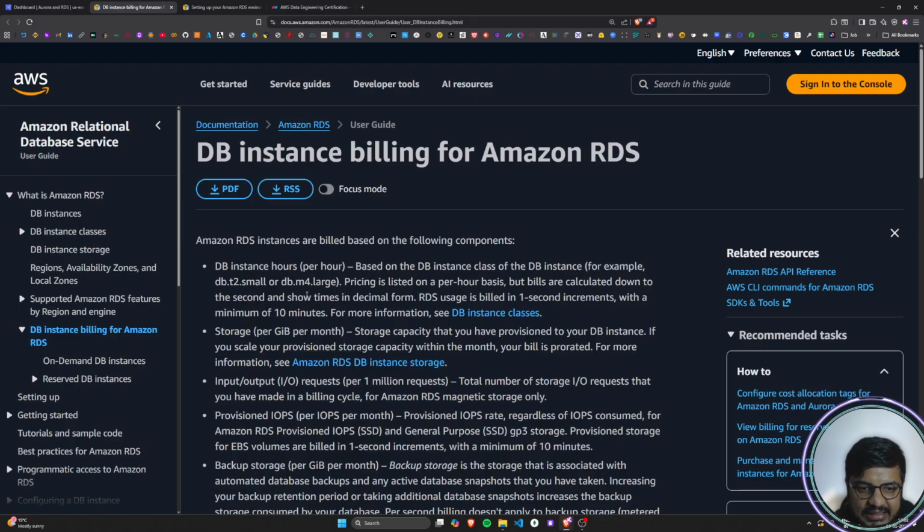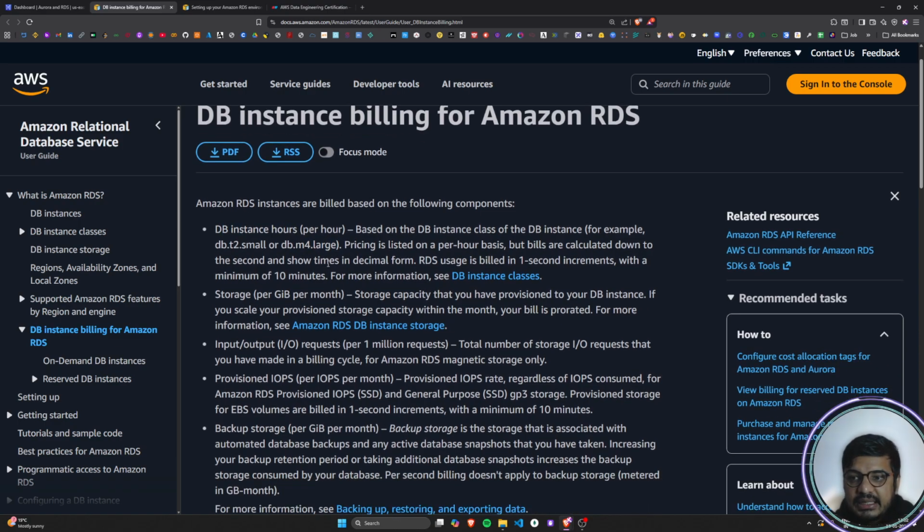So which instance am I using for initializing my database? I will be charged on that kind of instance, or the size of the instance. Pricing is listed on a per hour basis, but the bills are calculated down to the seconds and show times in decimal form.